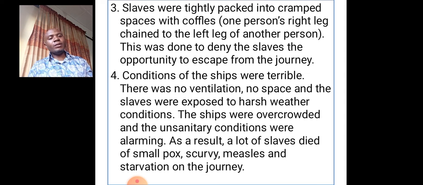As a result, we can all imagine a lot of slaves died, and some of them died from diseases such as smallpox, measles, scurvy, and starvation on this journey, such that before they arrived, a lot of them lost their lives. And even along the way, if they noticed that a slave was weak or very sick, they would just throw you into the sea for you to rest in pieces there with the fishes.